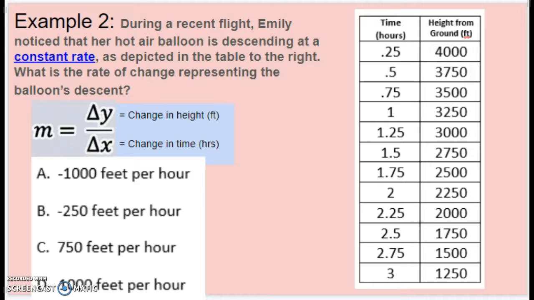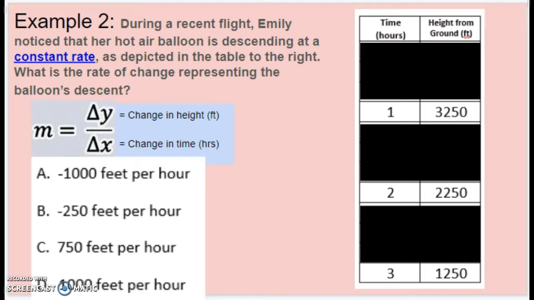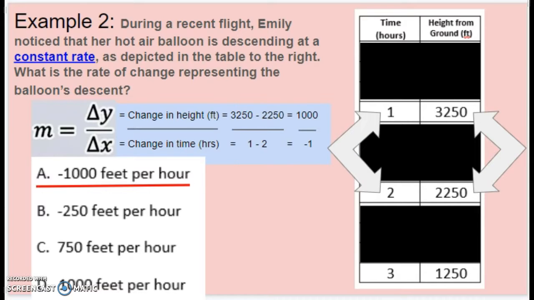Now, one of the things you can do sometimes is go simple. You noticed I blacked out all the decimals because I noticed that I had 1 hour, 2 hour, and 3 hour. Now, since the rate of change is constant, I can just pick any of those. So I'm going to do that. And I'm going to say my change in the height, I'm going from 3,250 down to 2,250.